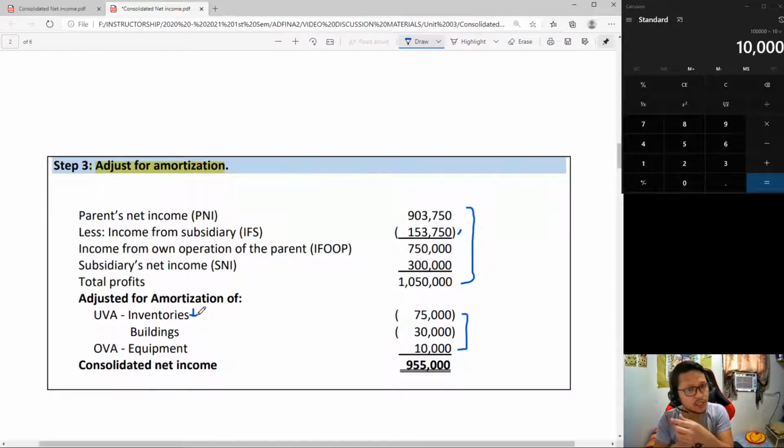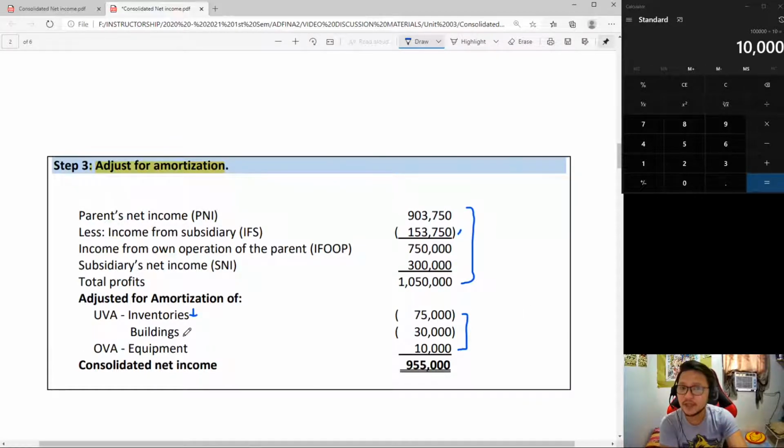So if beginning inventory is understated, cost of sales is also understated. And when you understate your cost of sales, your net income, Shanks, will be overstated. So this is an overstatement in Shanks' subsidiary net income. So what you will have to do is adjust it by a deduction.